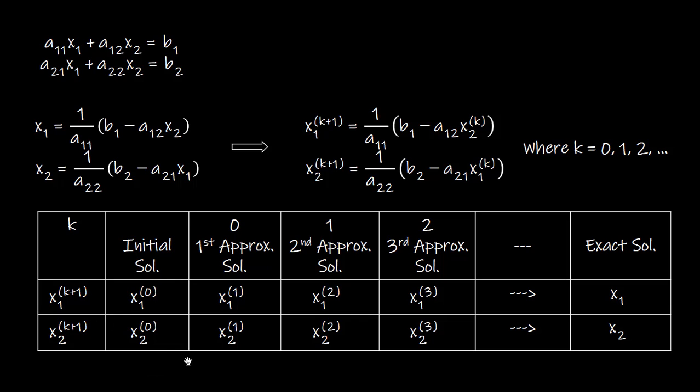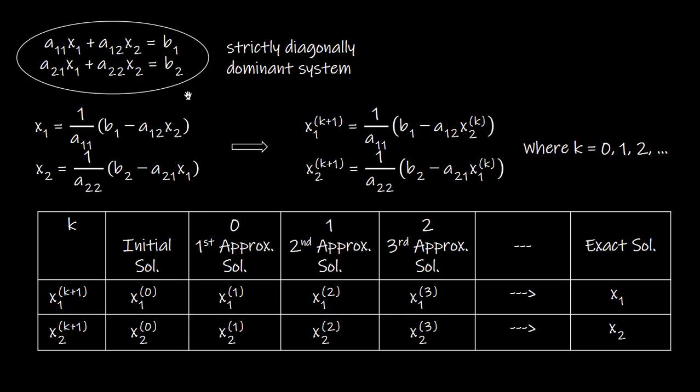One more thing which I want to mention here is that this sequence of approximate solutions will converge to the exact solution of the given system if the given system of linear equations is a strictly diagonally dominant system. It means that the absolute value of the leading diagonal element of each row should be greater than the sum of the absolute values of the other coefficients in that row.